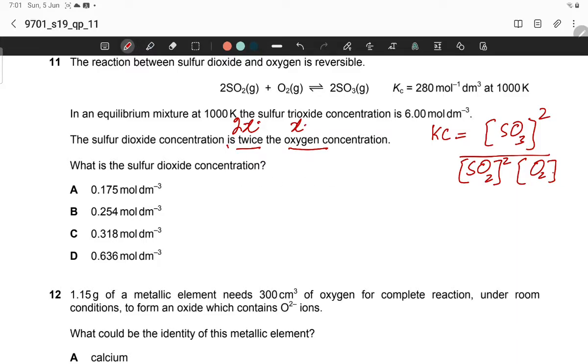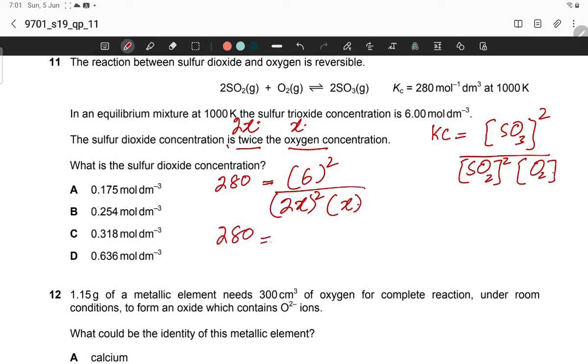Kc of this reaction is 280, which is equal to 6 squared divided by (2x) squared times x. So 280 is equal to 36 divided by 4x cubed.